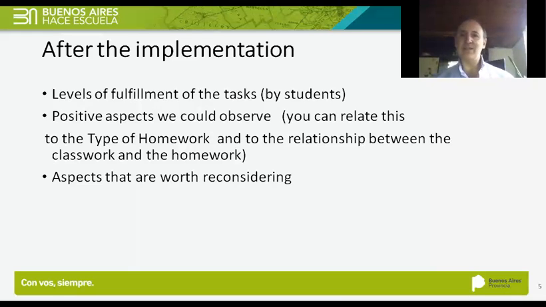So this is basically what we are asking you to do. It sounds maybe complicated, but it is not, don't worry, because it's just thinking about what you are going to do in the class with your students, but in a more structured way, in the sense that you are going to observe what happens in the class and to analyze the result of that implementation.